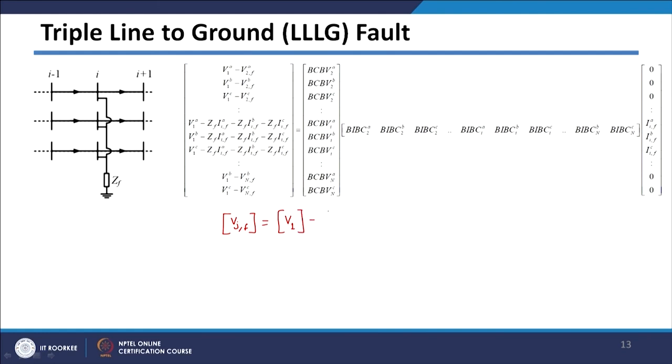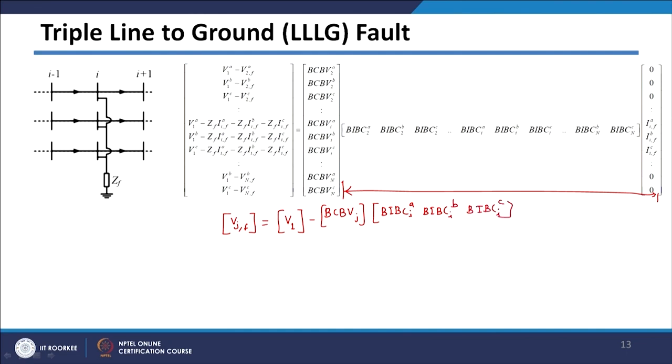we have this BCBV matrices corresponding to J, and then in this case you are having these three columns of the simplification of this part of the matrix. You are seeing it is BIBC. You are having three columns, because only these three columns are getting multiplied with non-zero currents, and these currents are current in A phase, current in B phase, and then fault current in C phase of ith bus.